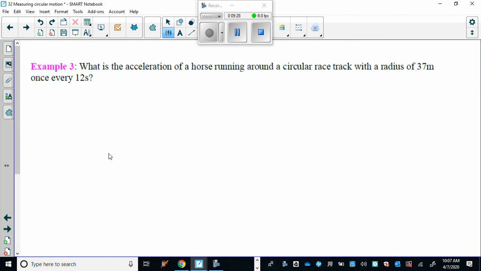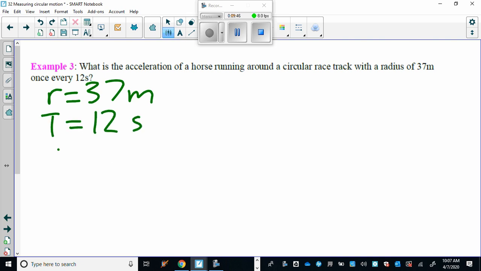Example number 3 says, what's the acceleration of a horse running around a circular track with a given radius, once every 12 seconds? If it goes around once every 12 seconds, then that 12 seconds is the period, and we're trying to find the centripetal acceleration.